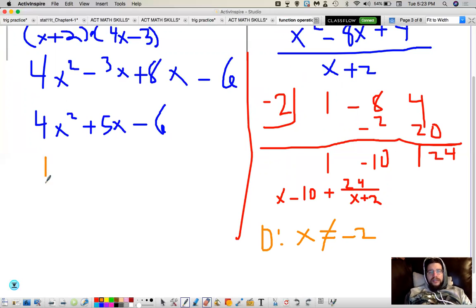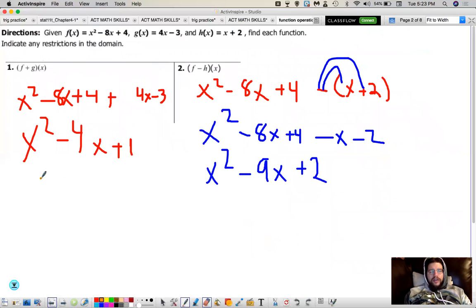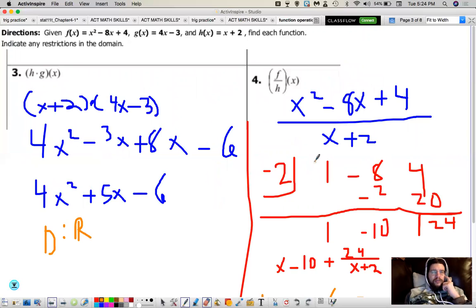For all the other ones, these domains were all real numbers. So you can indicate that in interval notation. I'm not too terribly worried how you notate it. It just makes you realize what you cannot have if we're doing a division problem. That's the most important thing on this domain and range, is watching out for these division problems.